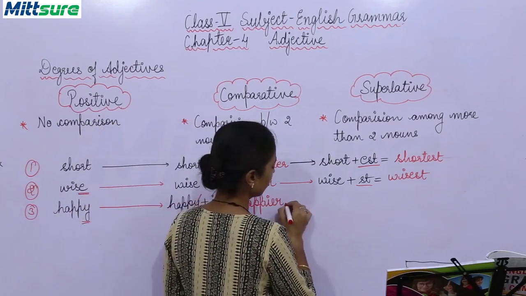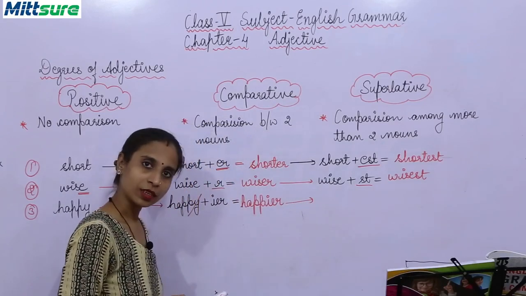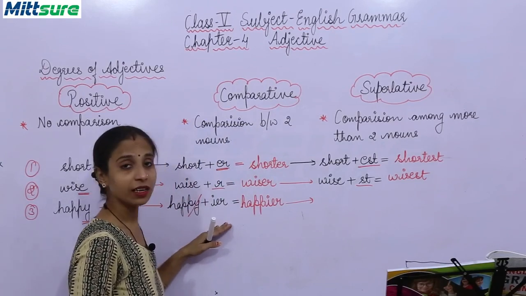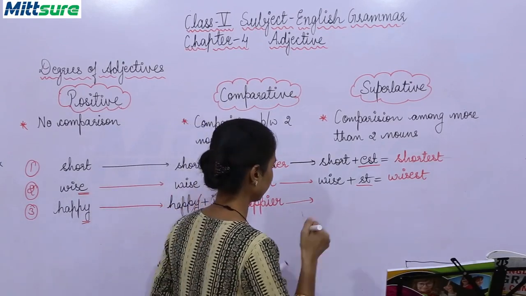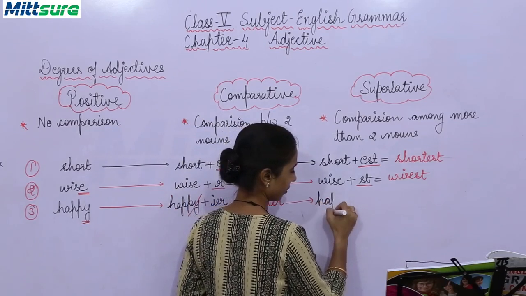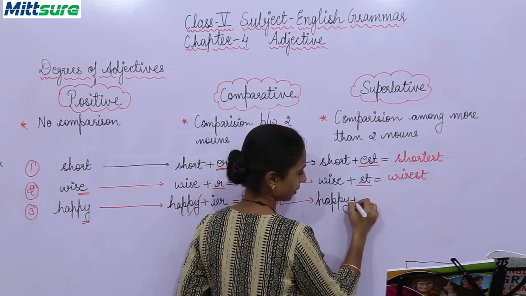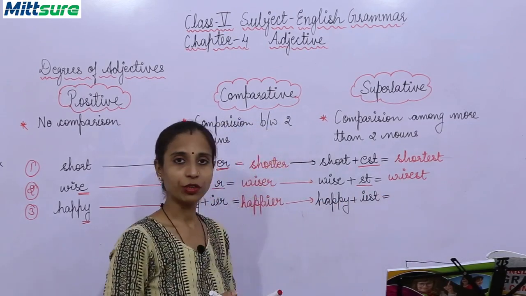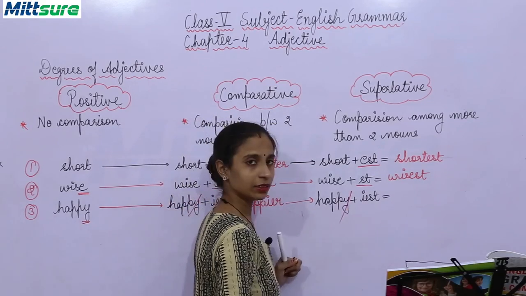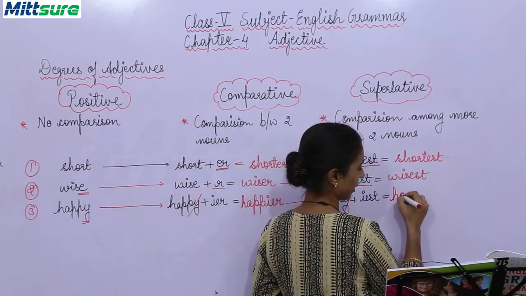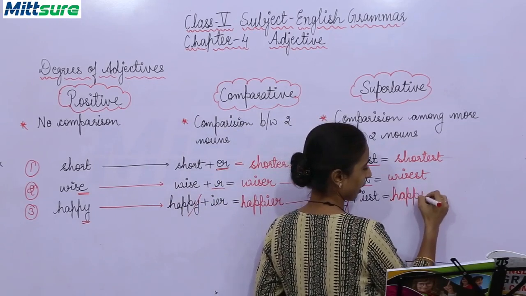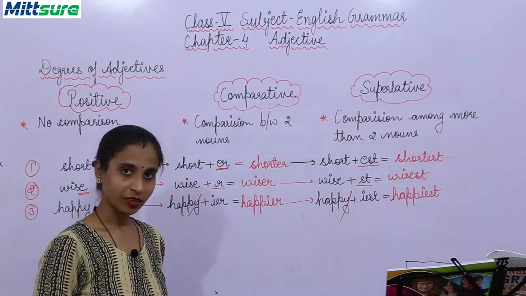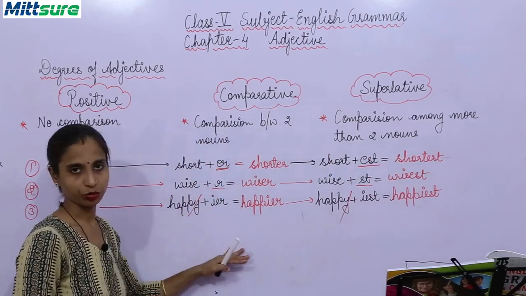Now, coming to the superlative degree, same thing: we are going to remove y and add iest. Happy plus iest. What are we going to get? Remove y, happiest. Happiest. I hope this is clear to you.